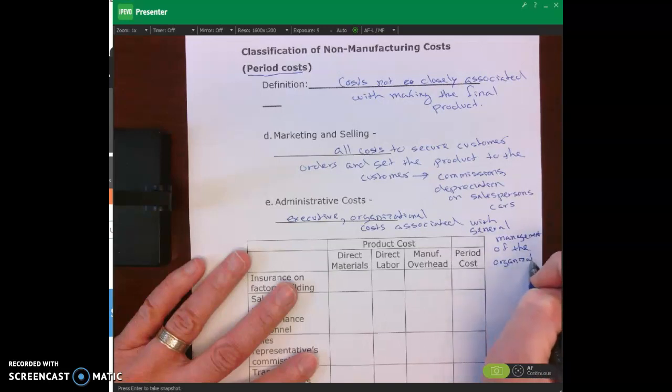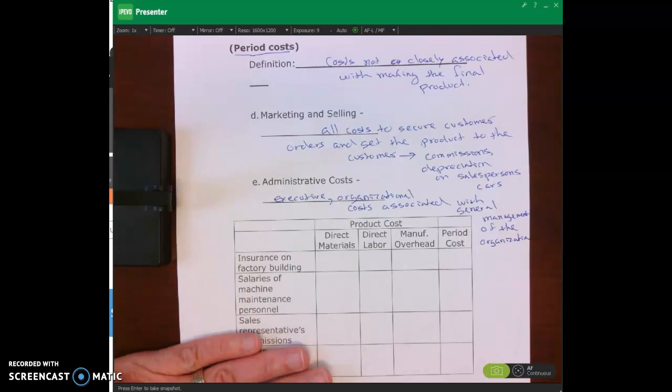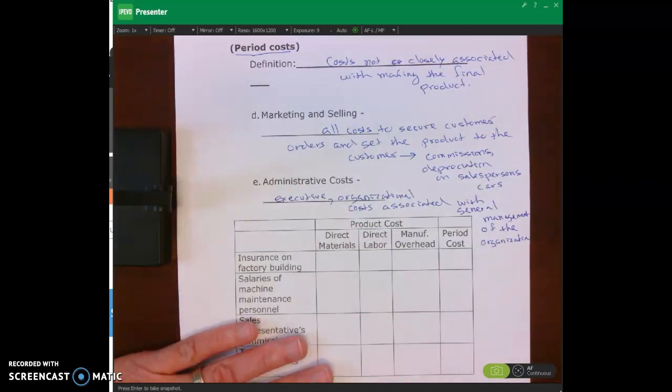Okay, general management of the company. So an example would be the salary of the CEO or the salary of the CFO. Or we could even say rent on corporate headquarters would be another example of an administrative cost.